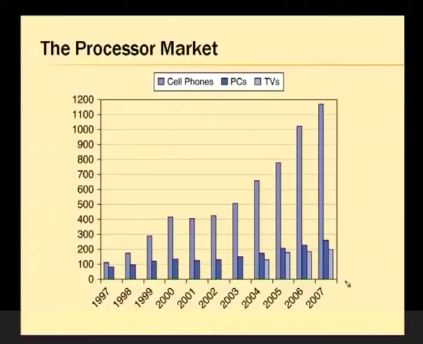You can see that somewhere in the 90s, we had a very small number of PCs and TVs. In fact, cell phones were not present at all at that time. Whereas if you look at after 2000, you will find that the number of PCs, cell phones and other things has increased quite a bit.